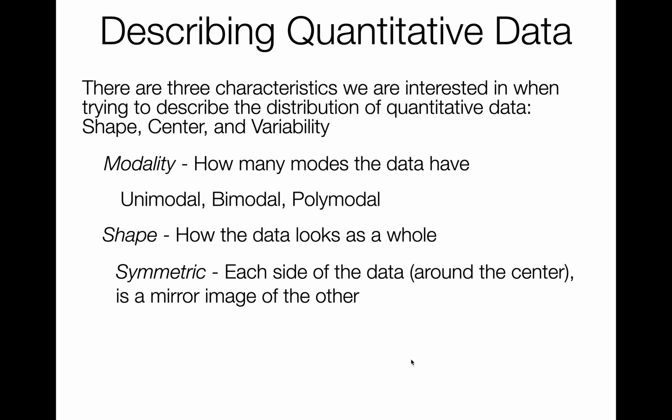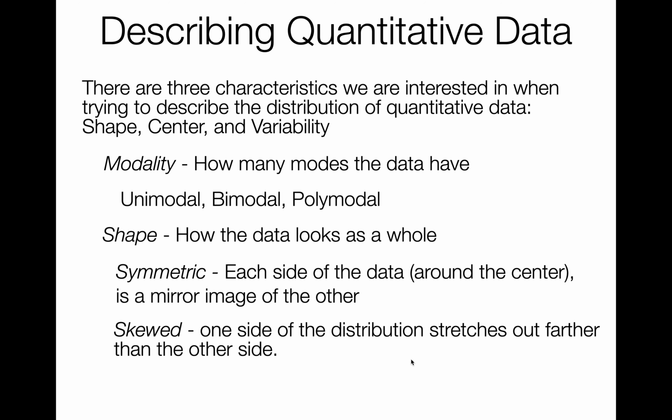That's symmetric data. If it's not symmetric, on the other hand, it's skewed. Skewed means one side of the distribution stretches out farther than the other side. There are a few different ways to be skewed: left skewed and right skewed, or skewed left and skewed right.